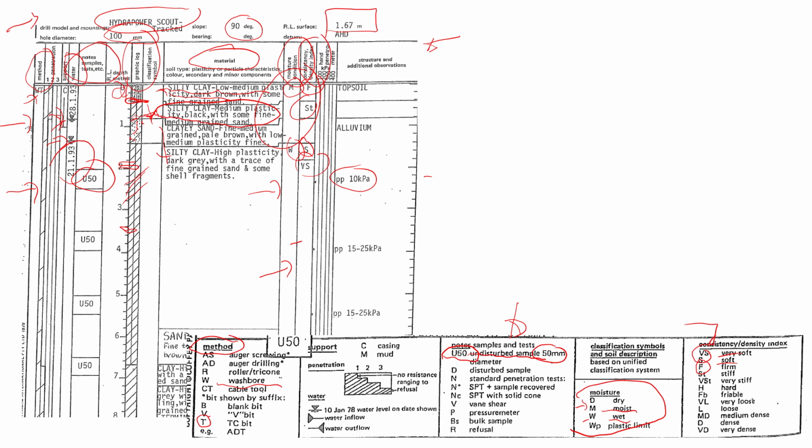After that, you will see there's another column. It says hand penetrometer, and then you will see those numbers here. So PP10, PP15, 25. PP stands for pocket penetrometer test, and this test was, I believe, performed on the undisturbed sample that was collected. We see here U50, and if we draw this line, this is the point at this depth where this test was conducted.